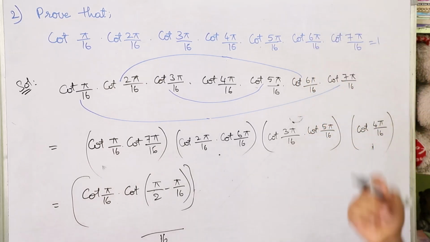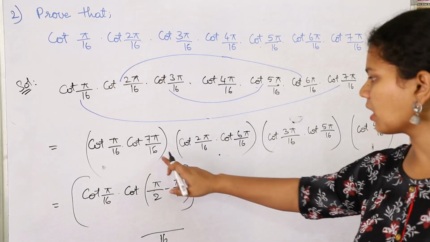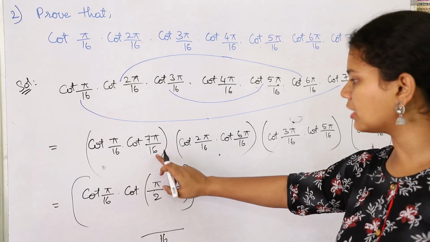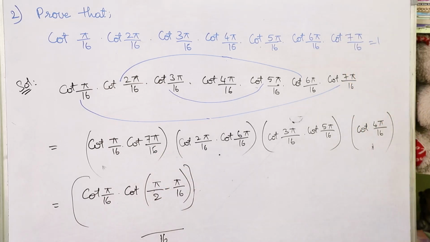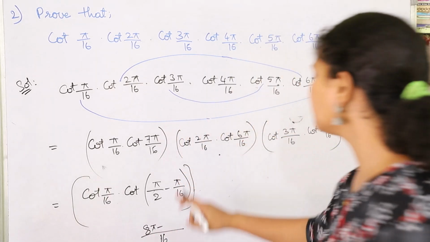Just do it roughly in your notes and try to see how we got this value. This becomes 8 pi minus LCM and numerator by denominator.